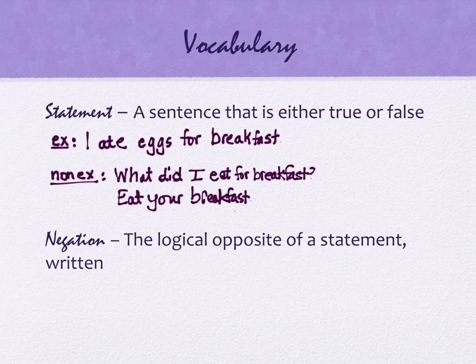Now, the negation is the logical opposite of a statement, and it is written with a tilde. So if the statement has the name P, then its logical opposite, its negation, is tilde P. Like the tilde on your computer keyboard. It kind of looks like a minus sign in front, but with some flair.